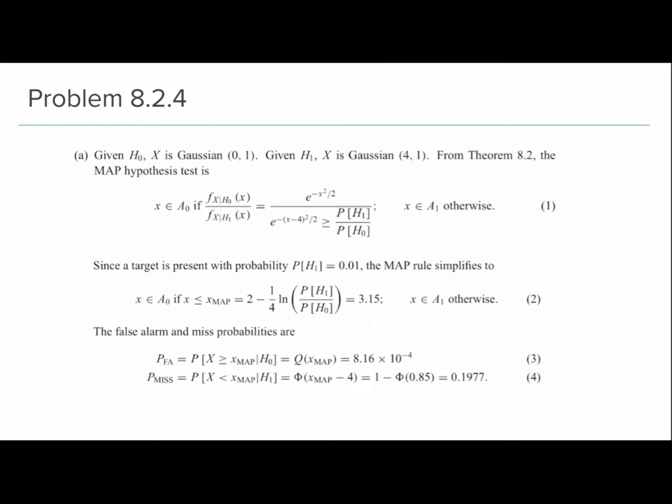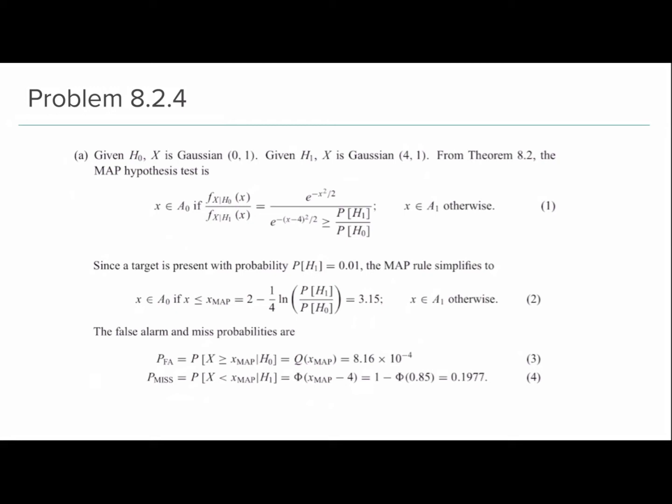So the probability of false alarm will be equal to the probability that x is greater than x MAP given h naught. We can use the standard normal CDF or the standard complementary CDF, which is the Q function. Given h naught, the distribution of x is standard Gaussian (0, 1).